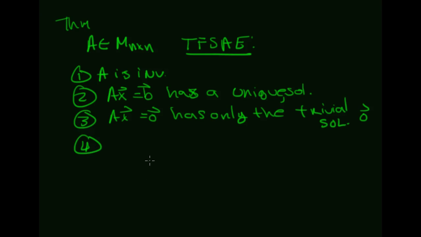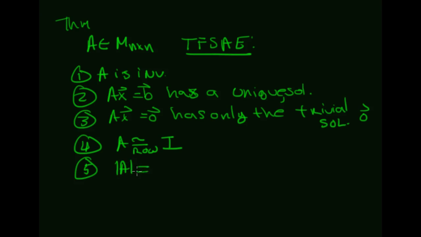Number 4, A has to be row equivalent to the identity. So I can use a set of elementary row operations and get the identity.